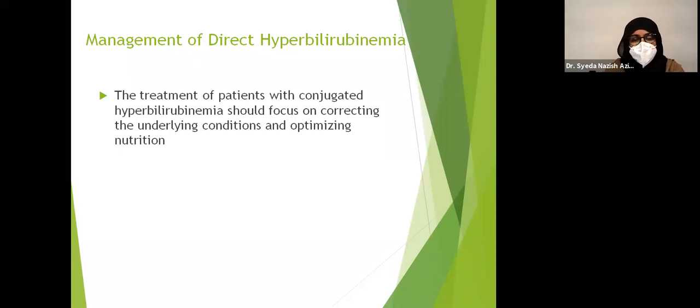If they have it due to a metabolic disorder, they will need to have their metabolic disorder managed in order to fix the direct hyperbilirubinemia. So usually we do not have a simple management or supportive care for direct hyperbilirubinemia. We have to target the cause of it.